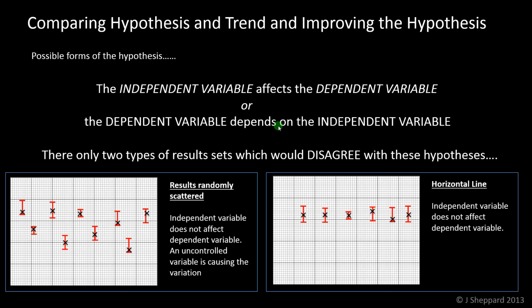But the hypotheses tend to be of this form. They're not being specific, they're just saying one variable affects the other. So it's unlikely that you're going to get results that are randomly scattered or show no relation whatsoever. It's possible, but it would be much harder to discuss, and the experiment would be kind of pointless to do.